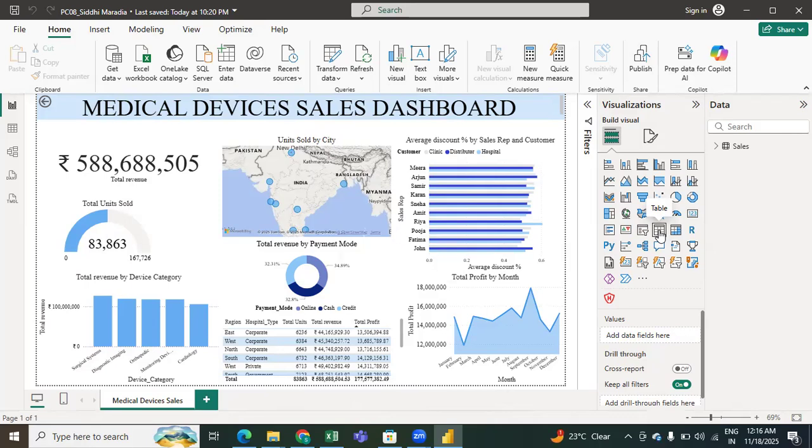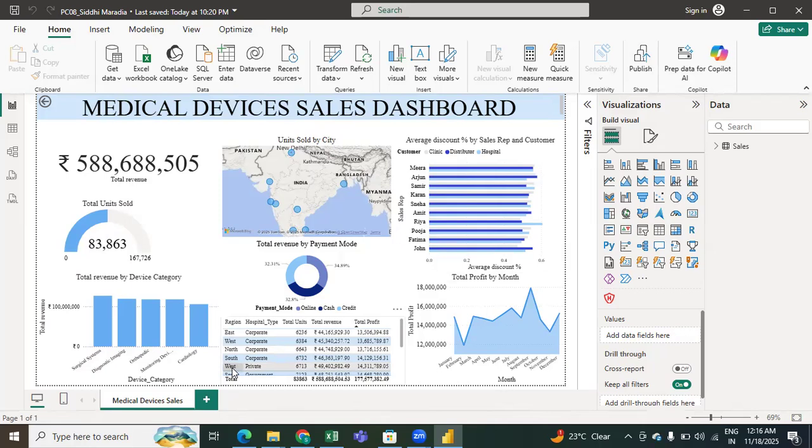From this we can understand each region. Let's say we're talking about the west region, and the hospital type which is private is selling a total of 6,713 units, generating a revenue of 49 crores, where the total profit is 14 crores.